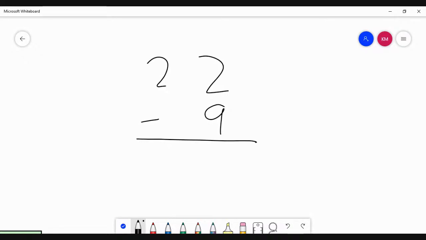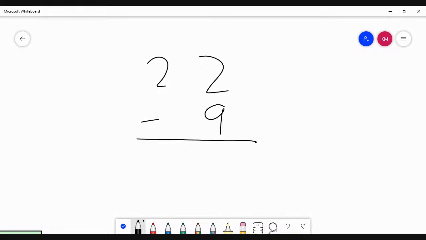Well, we know that 2 is smaller than 9, so therefore you would have to borrow in order to subtract. So, how do we subtract the 9 from the 2?